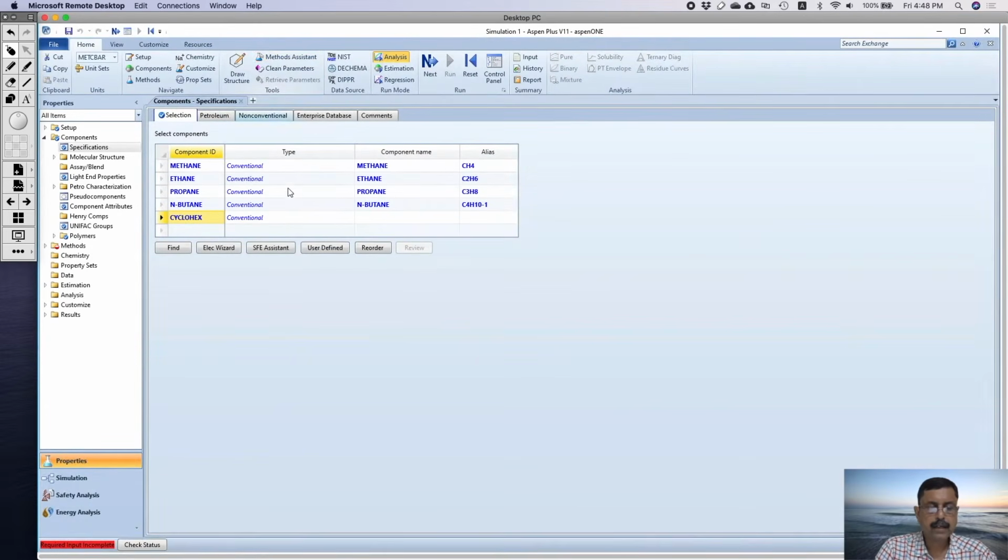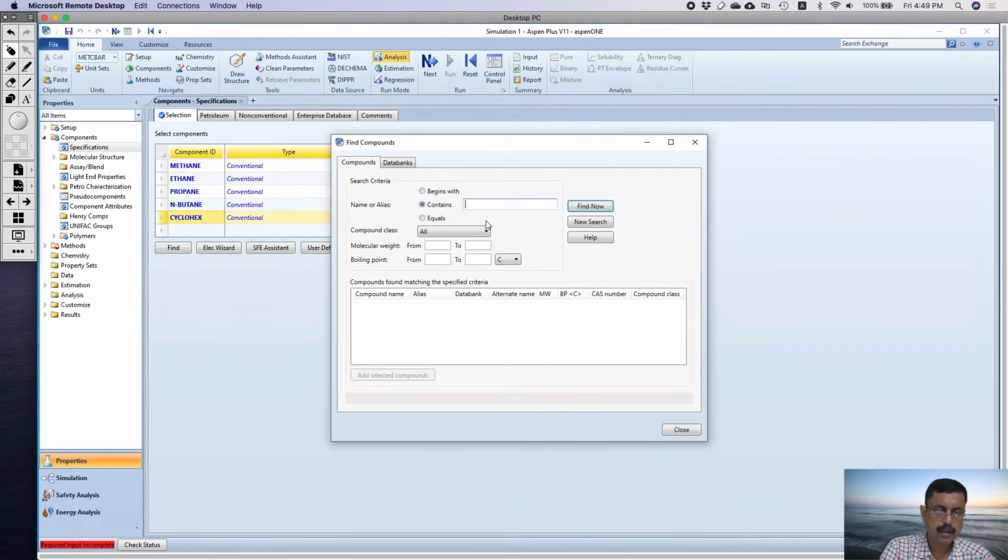It doesn't identify anything like the ones which we have already defined. So what we can do is we can say find. So here we'll write cyclohexane in full, and we'll say find now. So it will search.